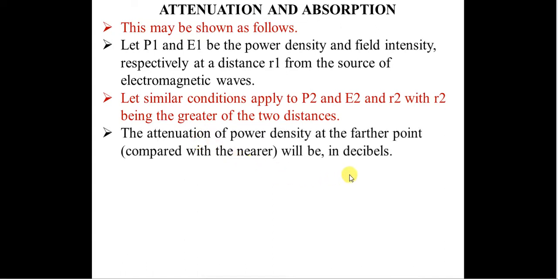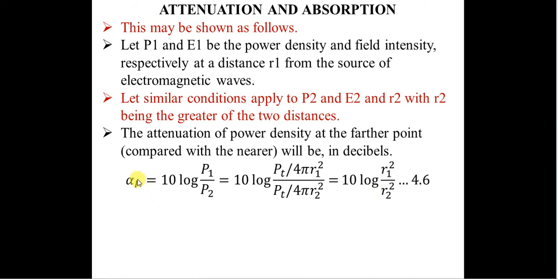The attenuation of the power density at the farther point, in decibels, is alpha P equals 10 log to the base 10 of P1 by P2, which equals 10 log of Pt over 4 pi R1 square divided by Pt over 4 pi R2 square.